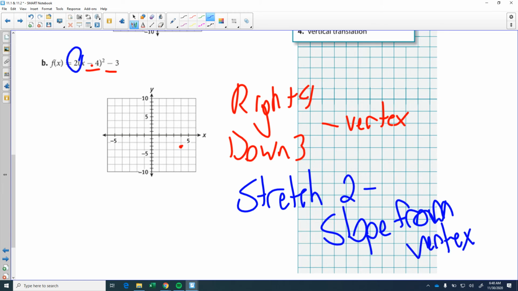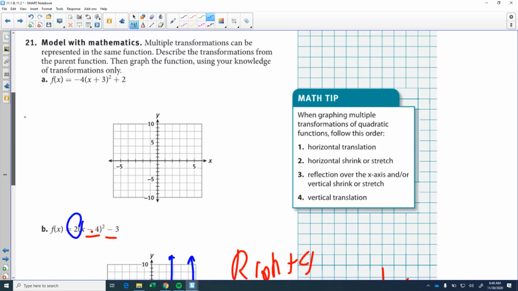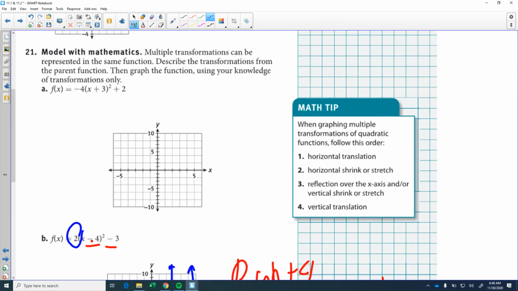It's the slope from the vertex. So if that's my coordinate, I want to count up 2 from that and plot a point on each side and then graph it out. And what it does is it narrows your graph. Okay? Because that stretch is there, instead of just drawing the graph, I have to have particular coordinates for each one.